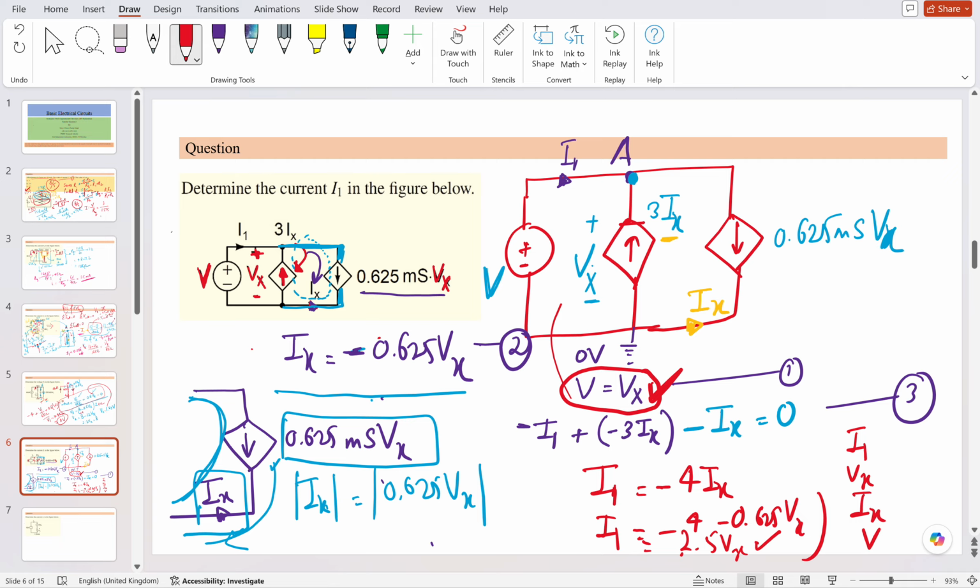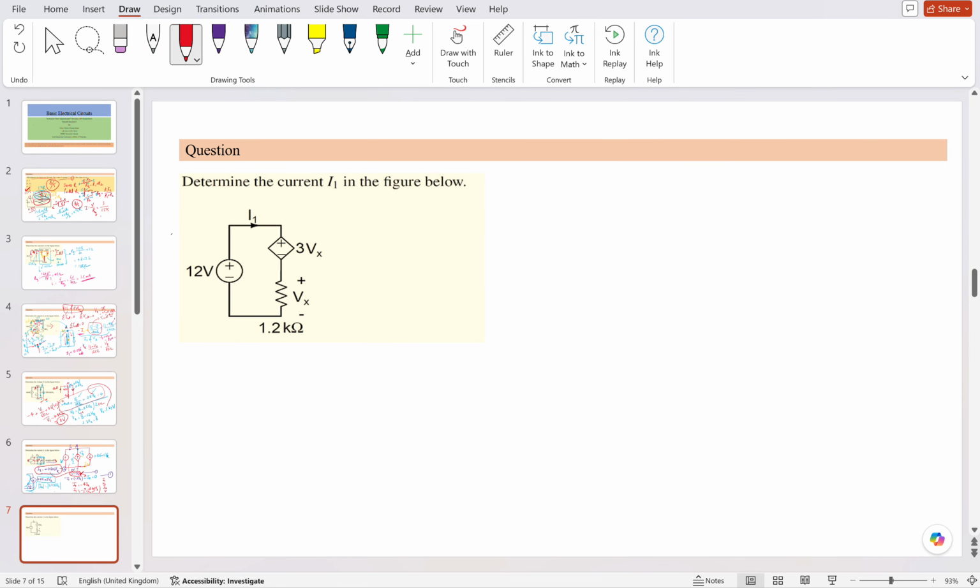Is this equation okay? Yeah, this equation is okay because that is the same thing. If you put this Ix value here, it will come out to be the same equation only. I just made it as a separate equation. If you put the value of Ix, you will get the same equation only. Okay, let's move further. Try to solve this.